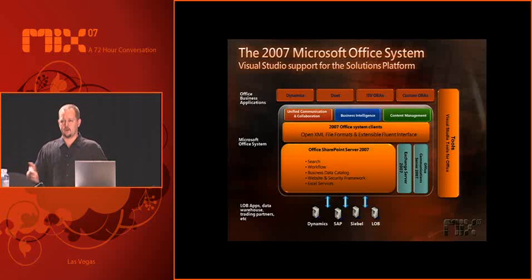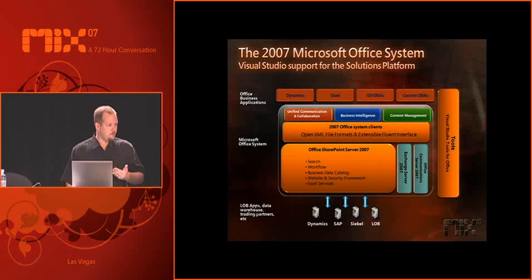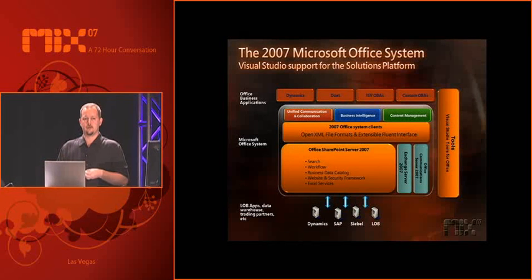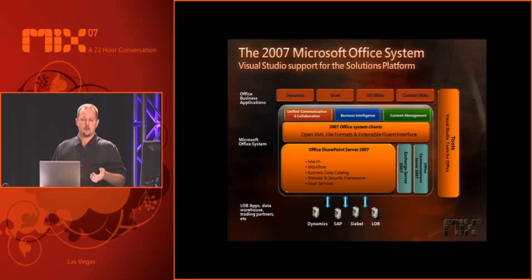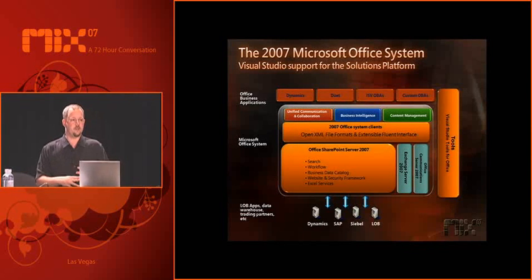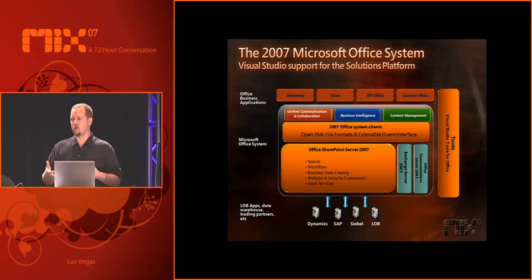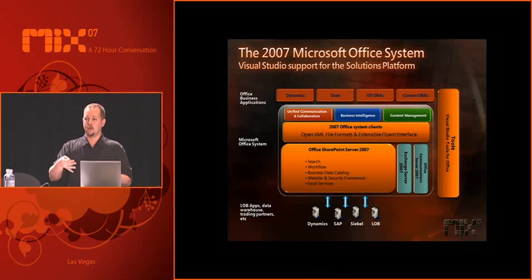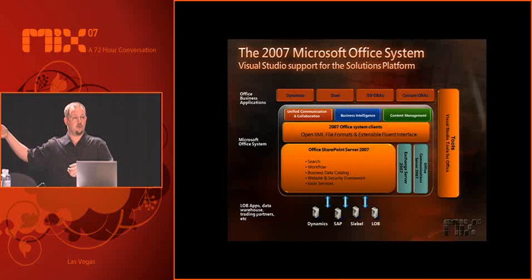I'm going to refer to it as MOS going forward so I don't have to constantly repeat that name. To us, MOS is our service center, right? These top-level bullet points of search, workflow, and the business data catalog are all our core services that we talk to people about for building the types of applications I showed you earlier.